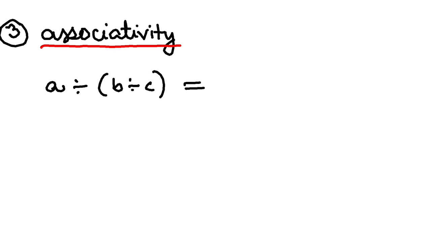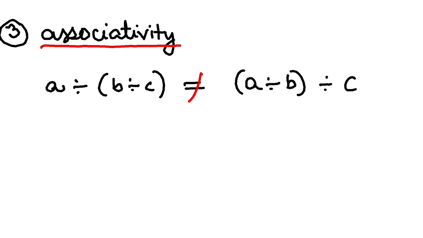Now let us observe what happens here. If I take a divided by b divided by c, is it equal to a divided by b divided by c, grouped differently? Of course not. You can try this by taking an example.